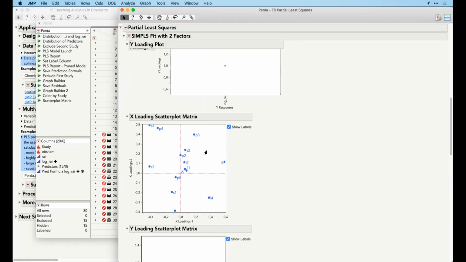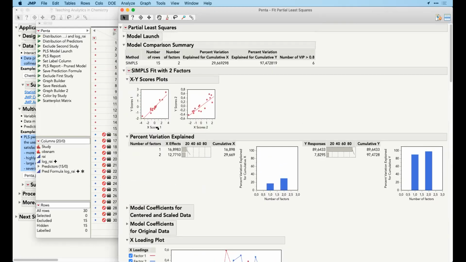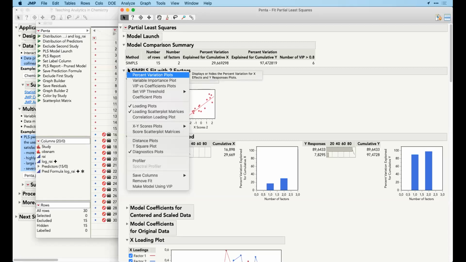And here are 2 important ways why an X can be useful. It can explain the latent structure very well, and this is called the VIP.